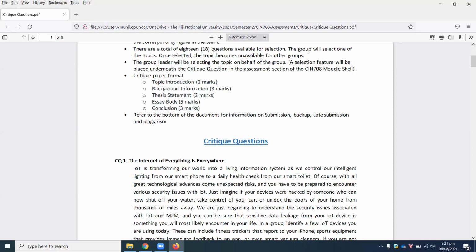For example, let's say I am talking about Fiji's tourism industry. In that case, I will introduce Fiji's tourism industry. And let's say I say that Fiji's tourism industry contributes 50% to the GDP. I'll describe more about it and some of the features of the tourism industry.